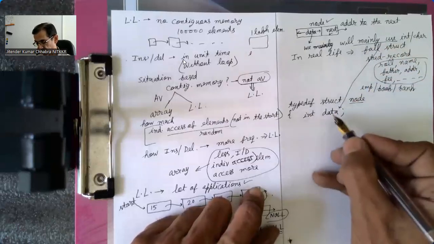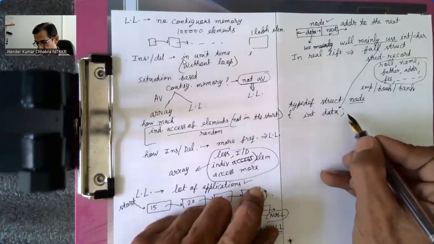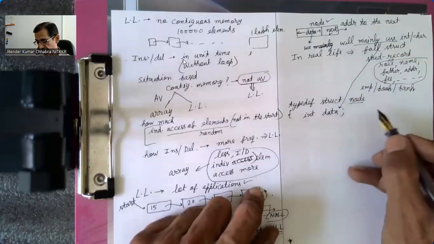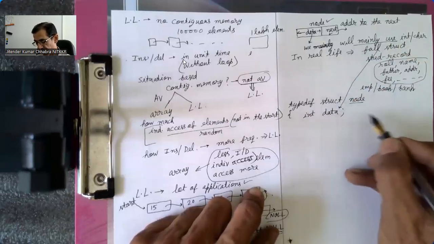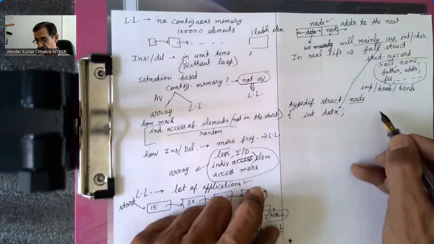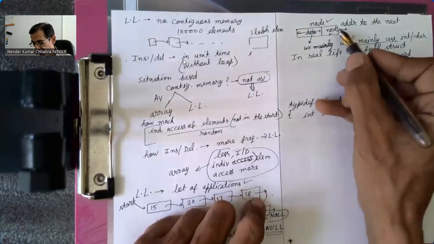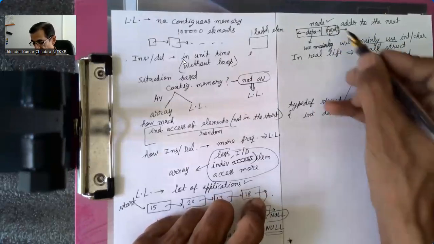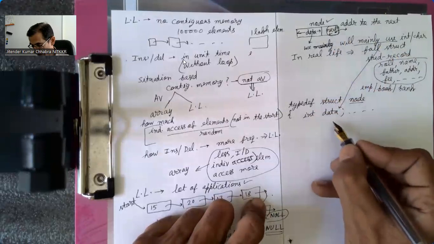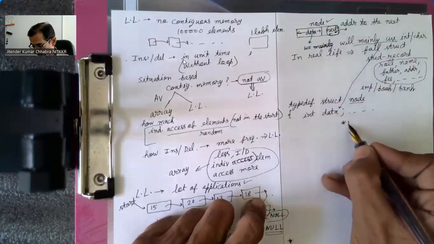But in real life, it could be int roll number, char name[30], char father name[30], address[50], fee as a float, etc. All fields plus the address of the next node. Address of the next node means a pointer, so obviously next is going to be a pointer.